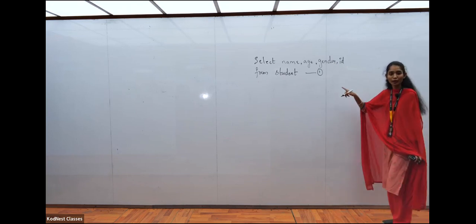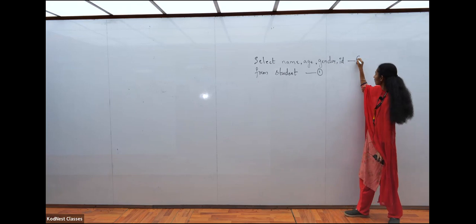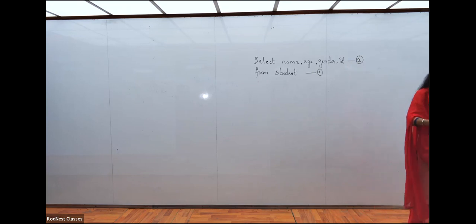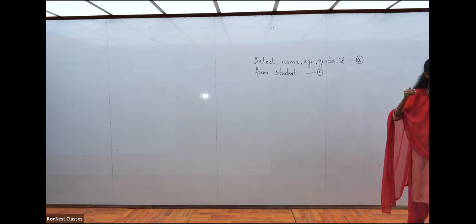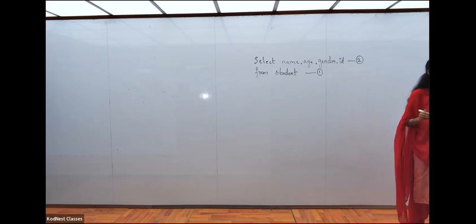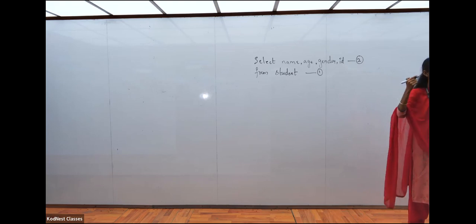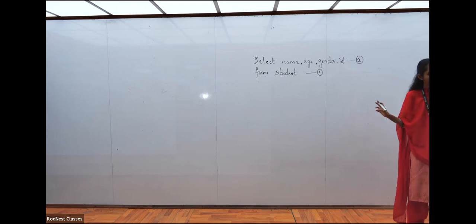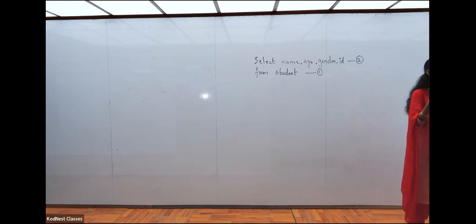After going to that table, it will select the things we have specified, and then it will display those facts and figures to us. So while writing, first you tell the select and then the from. But internally, which statement will get executed first? The from statement. Why? Because first we have to go to the table. After going to the table, we can select whatever we want and only then can it display that data. So this is how we retrieve our data.